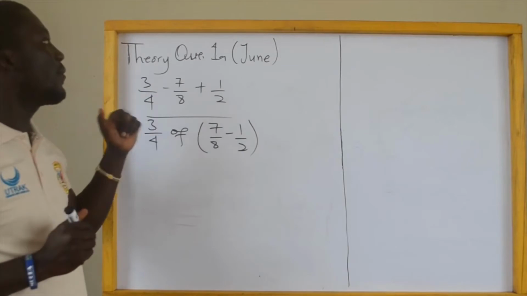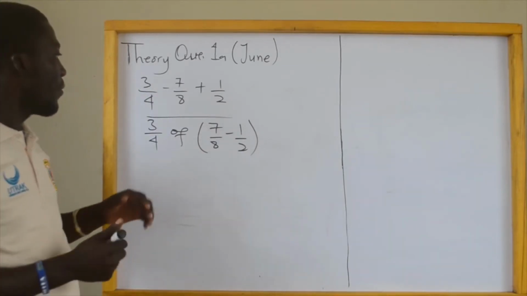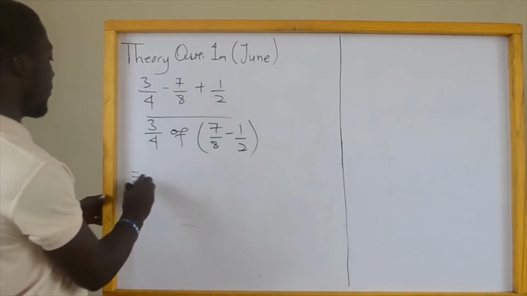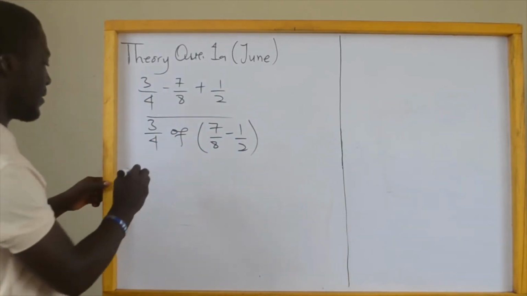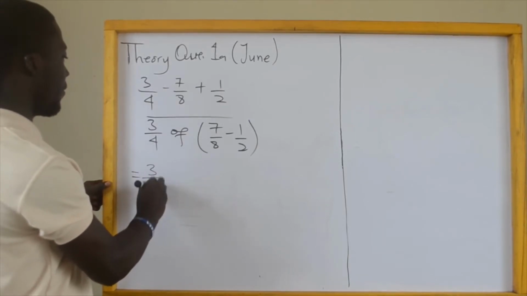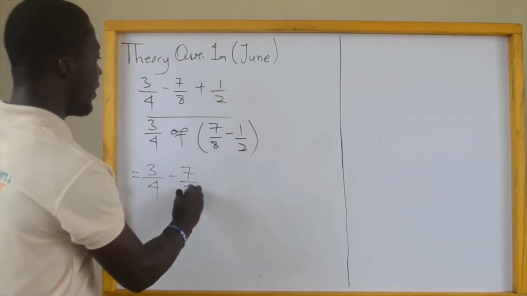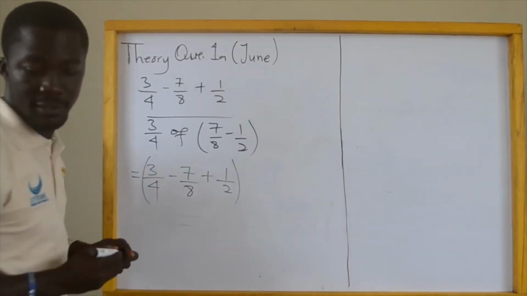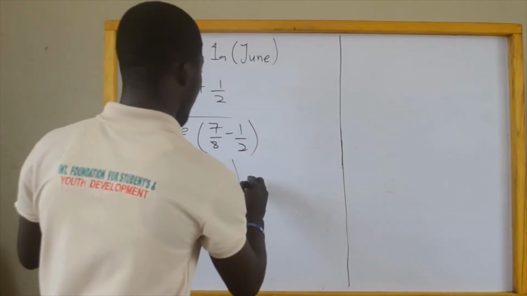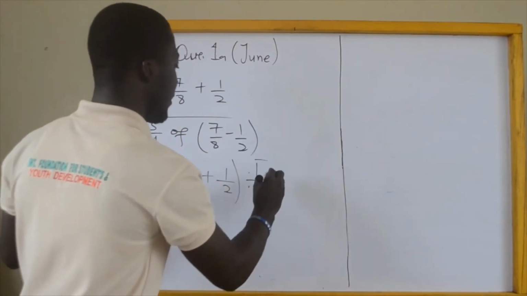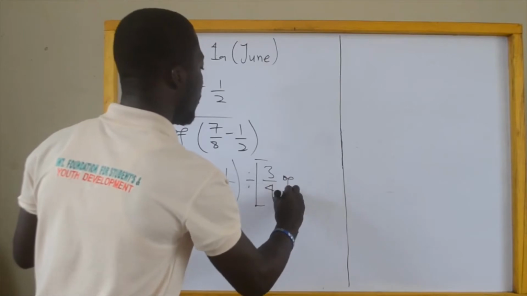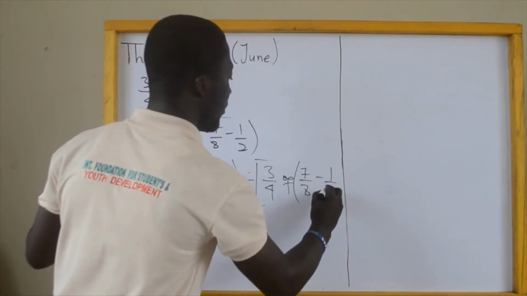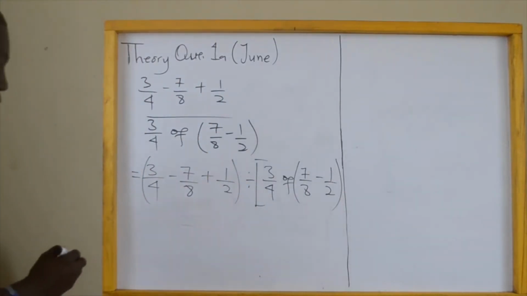Our June question, theory question 1a. We are to simplify this expression. So we can rewrite it as 3 over 4 minus 7 over 8 plus 1 over 2, all in one bracket, divided by a square bracket 3 over 4 of 7 over 8 minus 1 over 2.